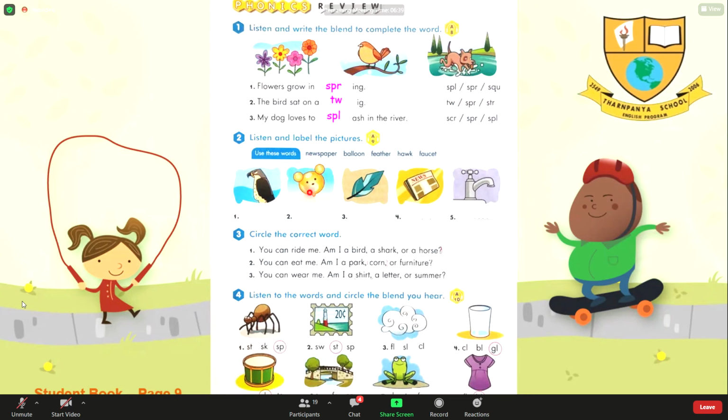Number 2, balloon. Number 3, feather. Number 4, newspaper. And number 5, faucet.